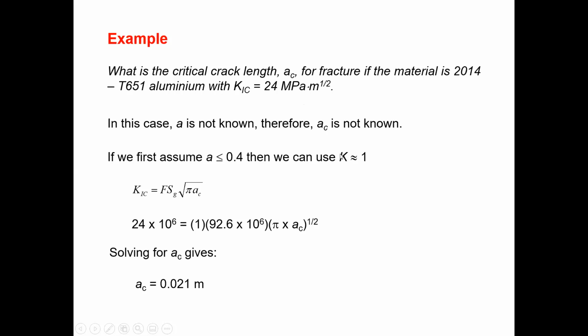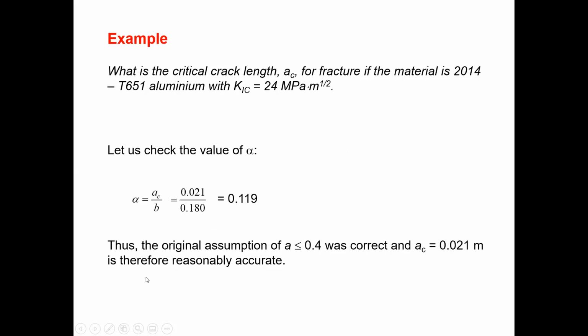It is F. If alpha is less than or equal to 0.5, we can use F approximately equal to 1. And sigma is this value. Then find out the a_c, the critical crack length, using those values. So this is the critical crack length. These are the three equations.